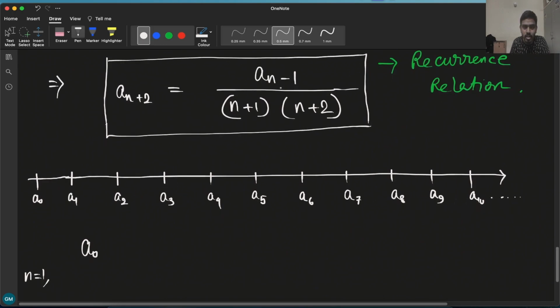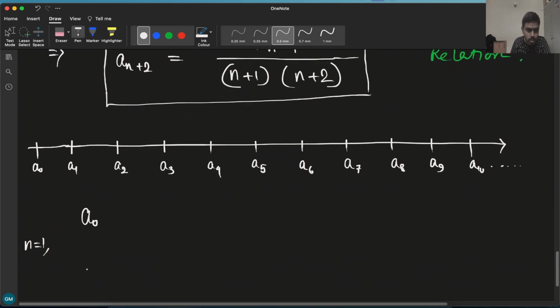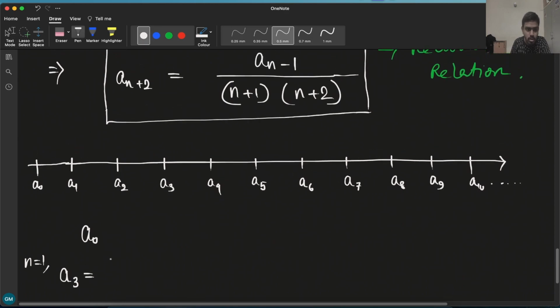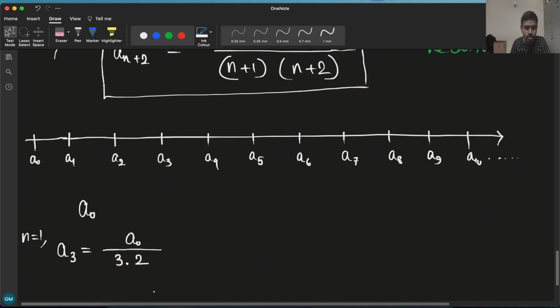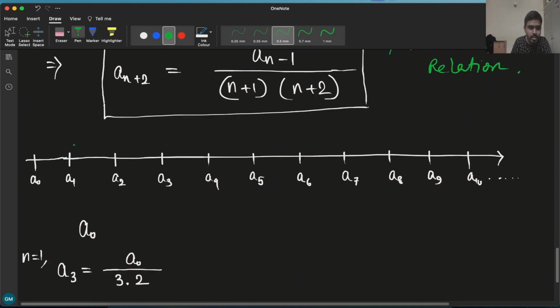This will be a0, and here it will give me a3. So from the recurrence relation, a3 equals a0 divided by 2 times 3, or I can write 3 times 2. So what it is doing is, basically, if I know a0, I can find a3.